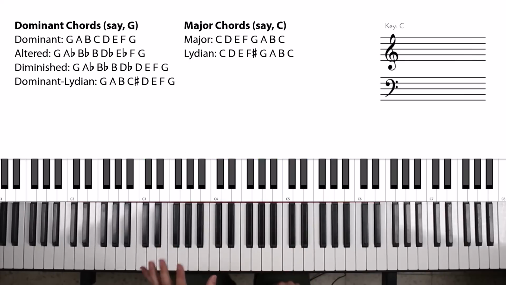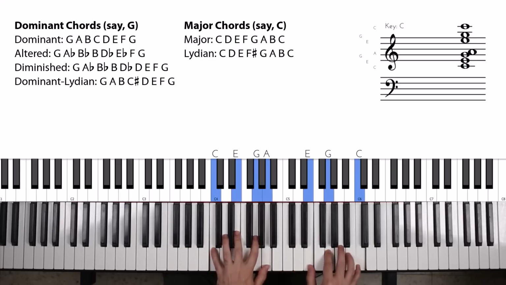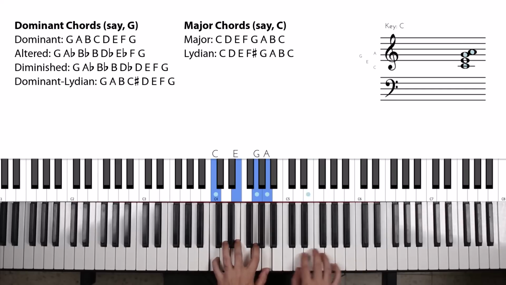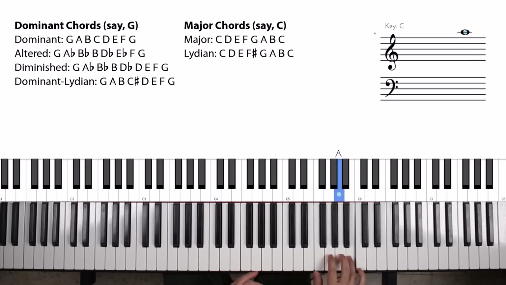Now, here's another interesting thing that thinking in terms of scales and not chords lets you do. It lets you move around the scale. So, let's say you're playing the C major scale.